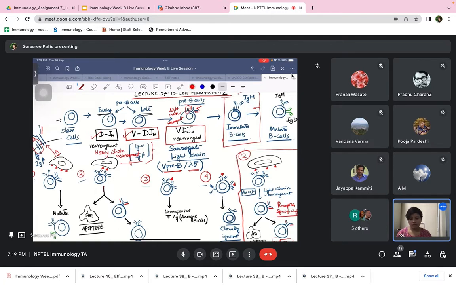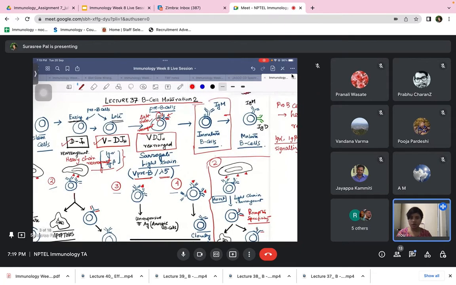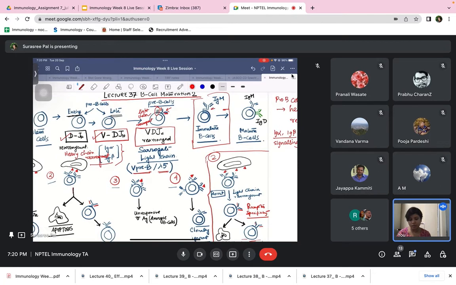Now these premature B cells will further develop to form the immature B cells. Now I told you that in the immature B cells the light chain rearrangement will be completed. All right, so here you can see that the immunoglobulin molecule is expressing both heavy chains and light chains along with these signaling components Ig alpha and Ig beta.